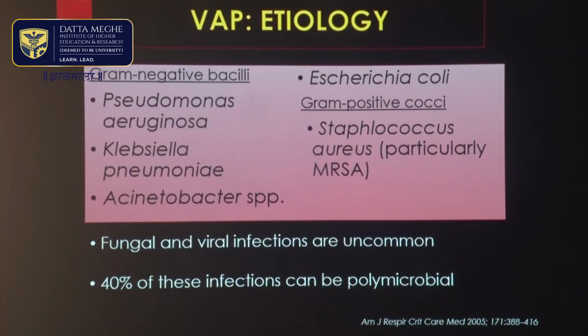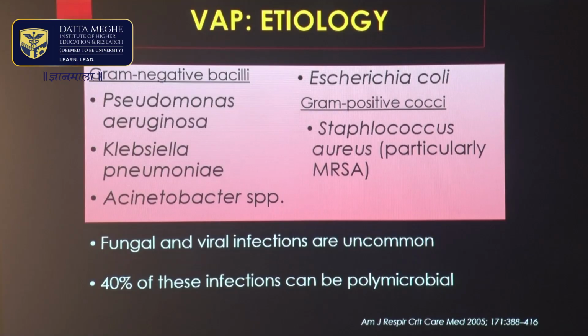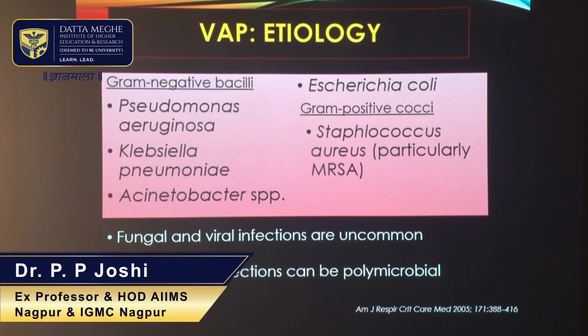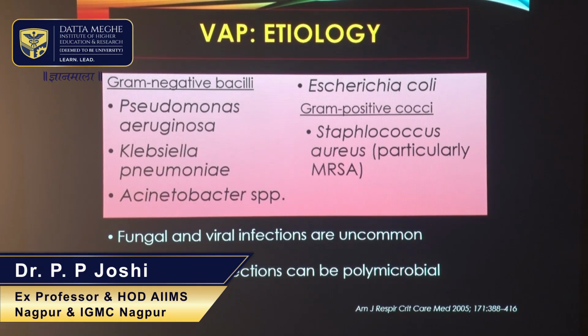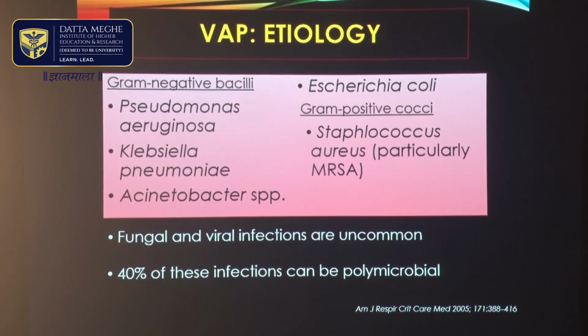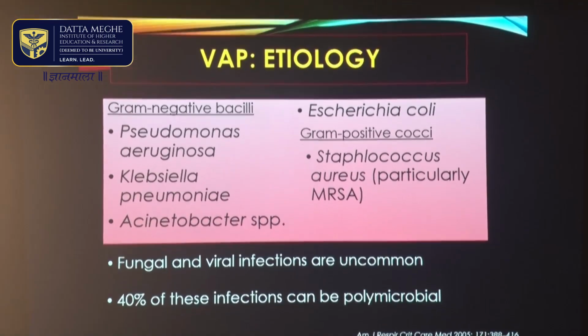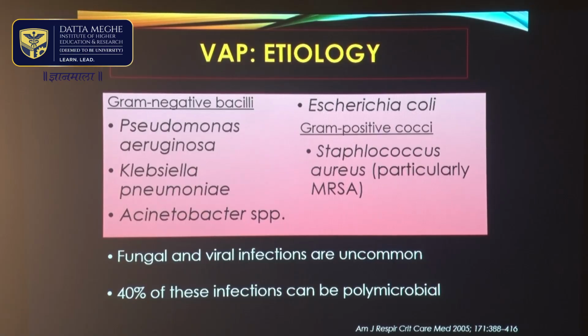Now, the etiology of VAP, which occurs after 96 hours of endotracheal intubation, is mainly gram-negative bacilli like Pseudomonas aeruginosa, Klebsiella pneumoniae, Acinetobacter baumannii, a very dangerous organism which is classical in ventilator-associated pneumonias and hospital-acquired infections, E. coli, and then we have Staphylococcus aureus, particularly MRSA organisms.